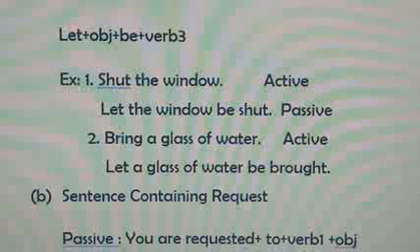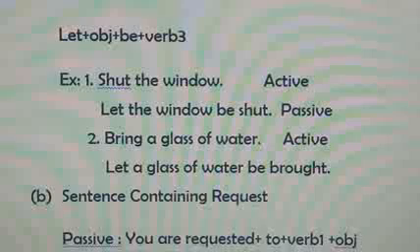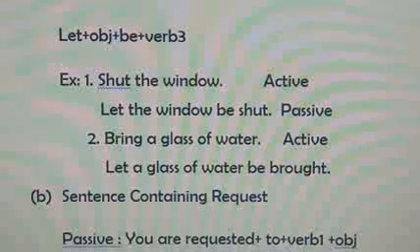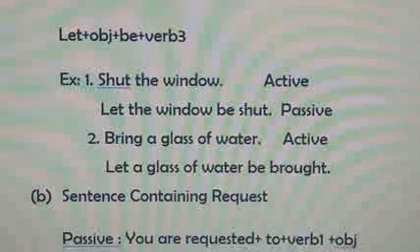So the passive will be: you are requested to open the door. You are requested to open the door.